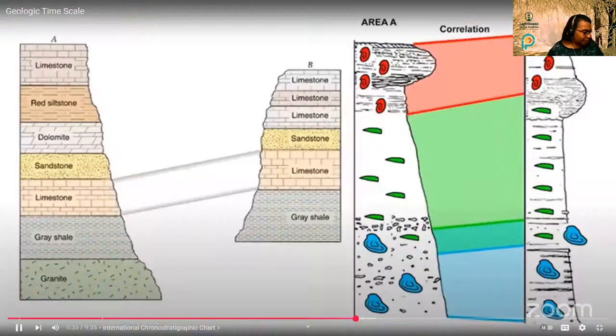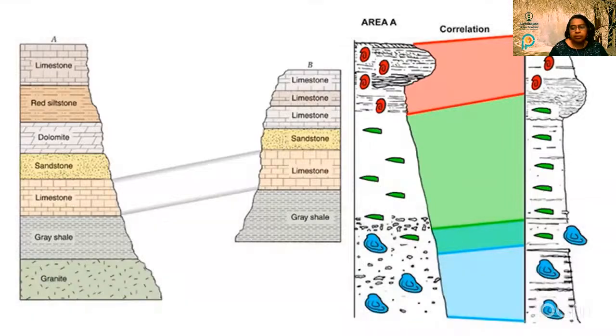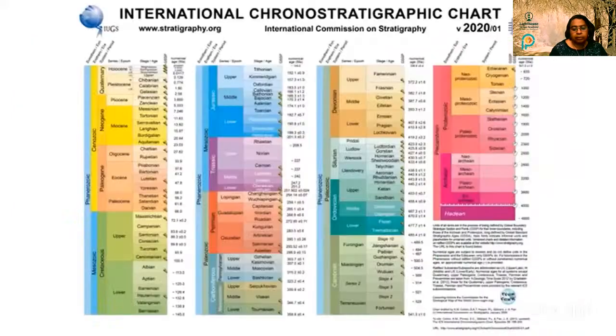They can use them as references for drawing stratigraphic correlations between the GSSPs and other sites around the world. An important aspect of the International Chronostratigraphic Chart is that it deals with both rock and time.